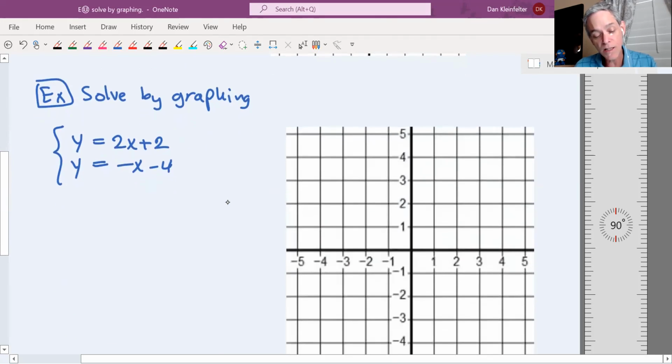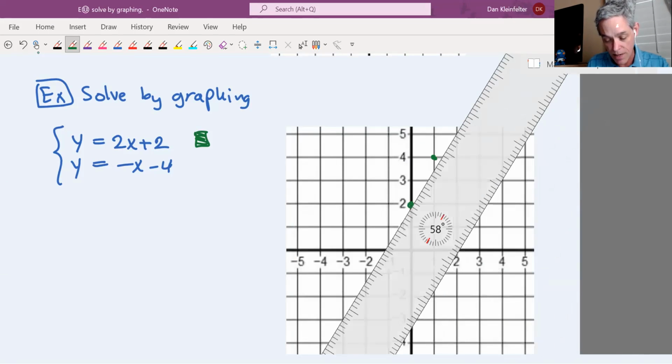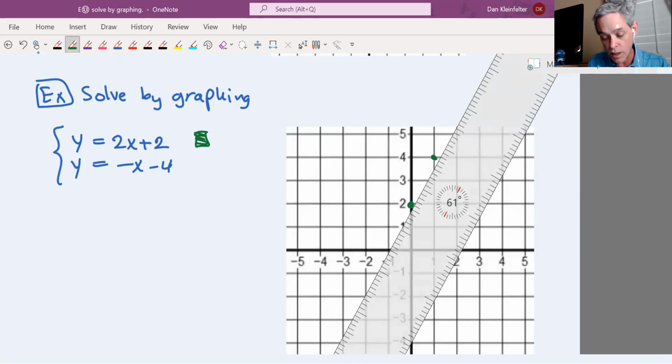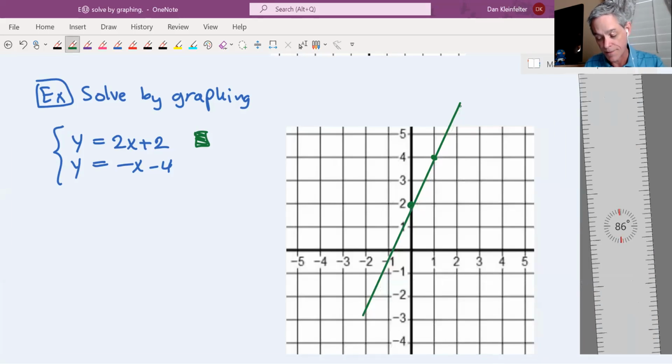The next two lines are in slope-intercept form, so we can use the slope and y-intercept to graph. So let's do that. The first one, I'm going to color that one green. This one has a y-intercept of 2 and a slope of 2. So I will go up 2 and right 1 to make another point on the line. I guess a little more good news is that you're going to get extra practice at graphing doing this.